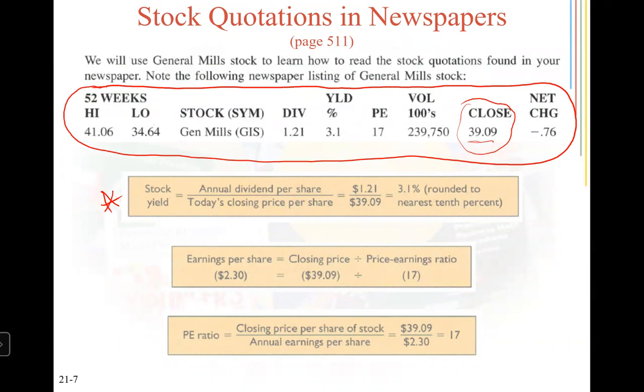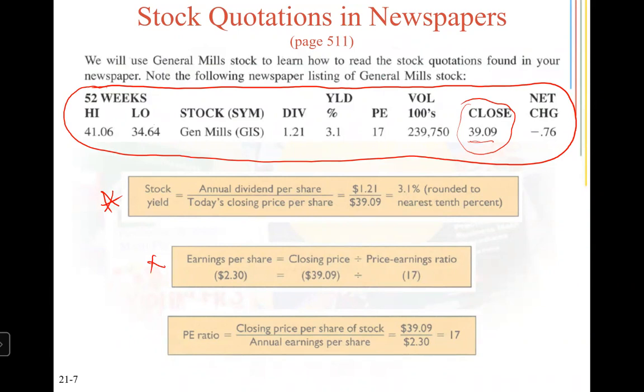But you will see that one above actually tells you how to work out the earnings per share. It's equal to the closing price divided by the PE ratio.